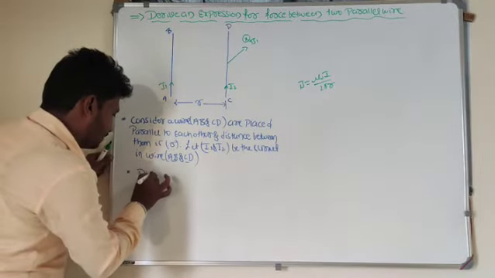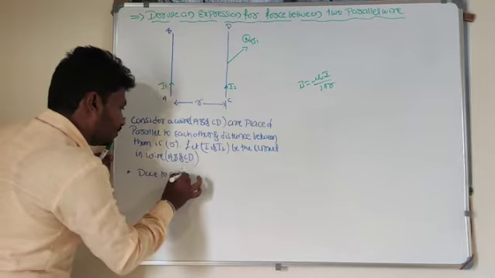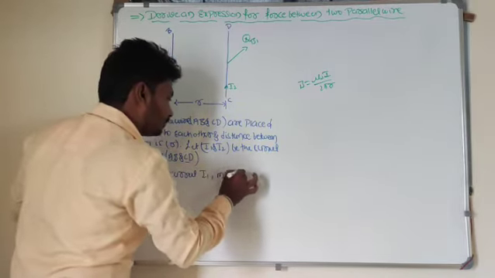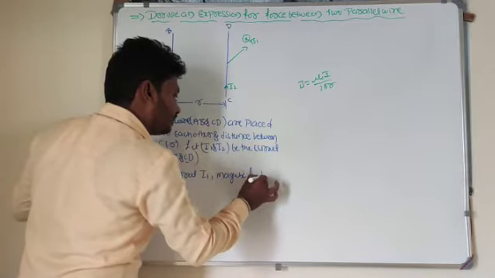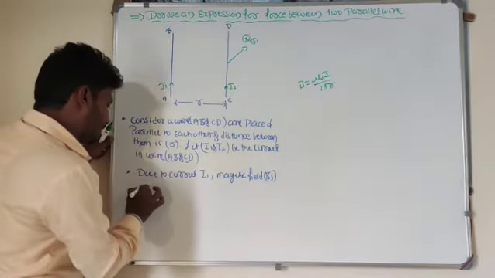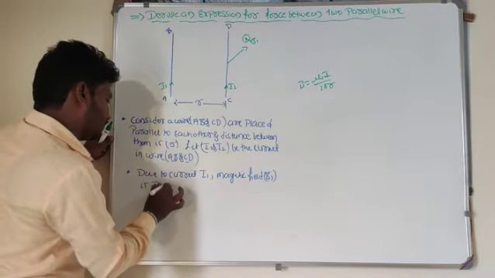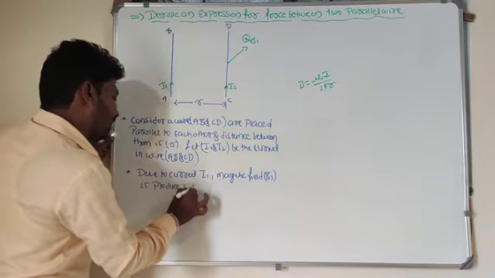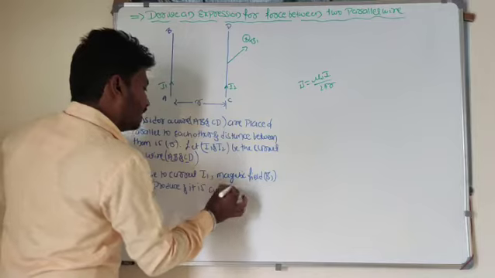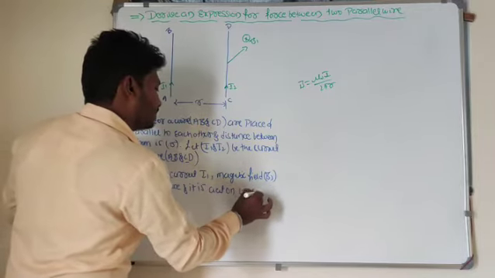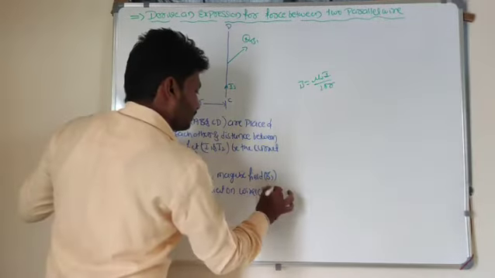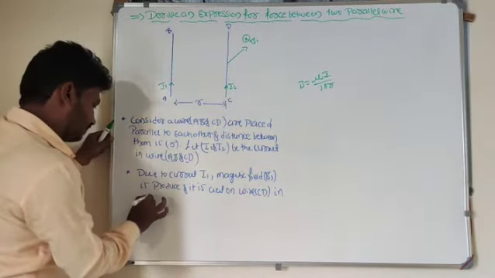Due to current I1, magnetic field B1 is produced, and it acts on wire CD in an inward direction.